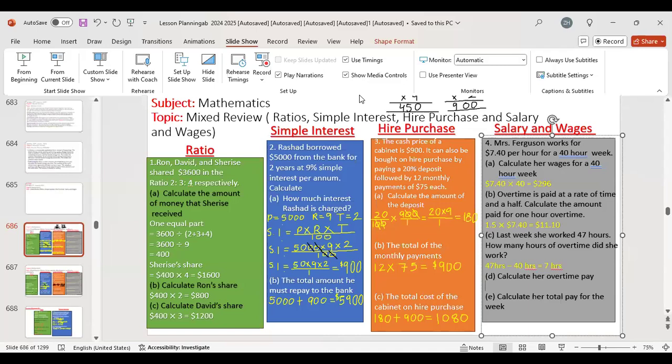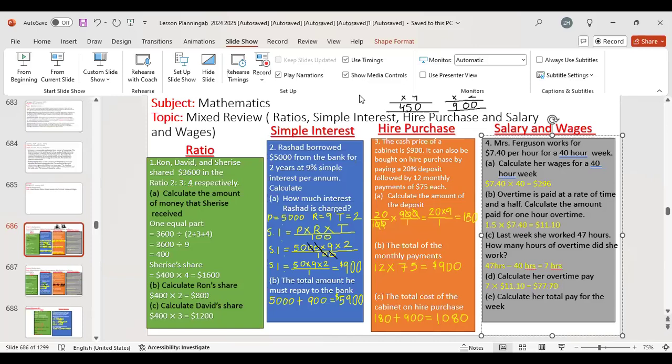For an hour of overtime work, she's paid $11.10. And so, what y'all get for your answer for part D? $77.70. Very good.